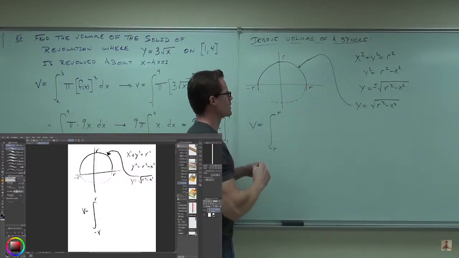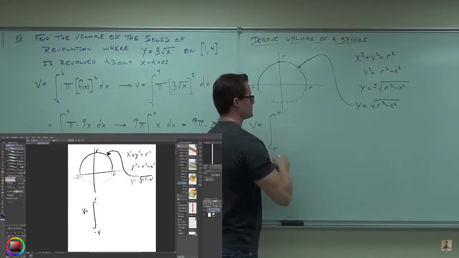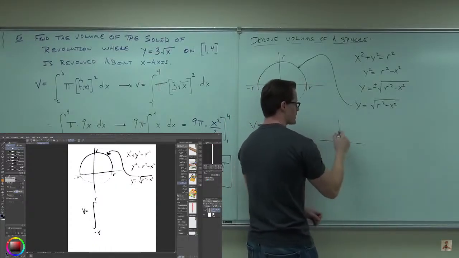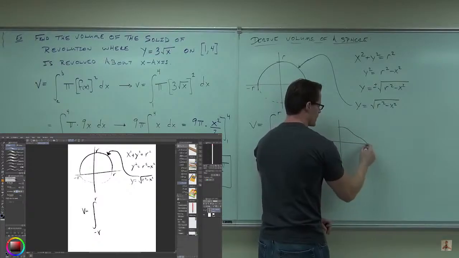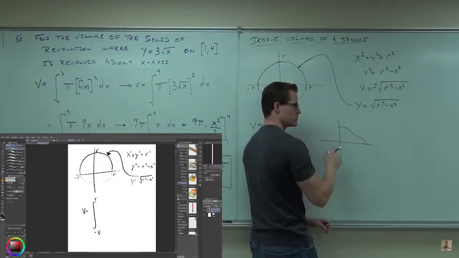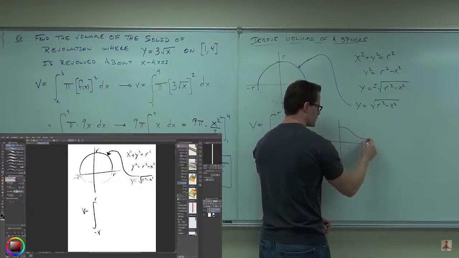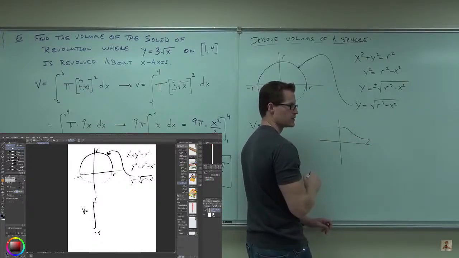No, it could be angled downward as well, as long as it doesn't do this. Here's the difference. It can do this. It can do that. What it couldn't do would be this. It can't come back on itself, but it's fine as long as it's going outward.